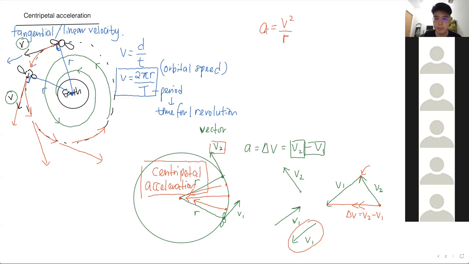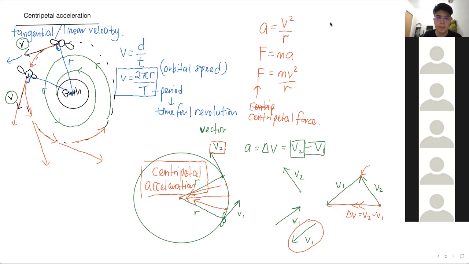So if a is v squared over r, then we can put it in F equals ma, so I get mv squared over r. And what do we call this? We call it the centripetal force, the force that is pulling it towards the center.